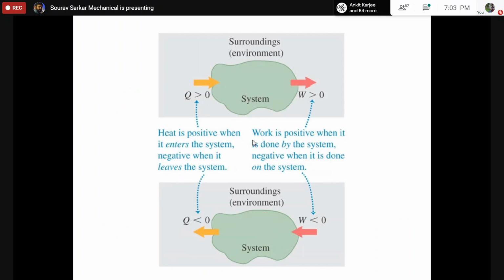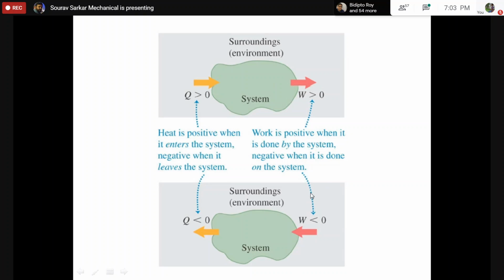What is the sign? The sign is very interesting. If I supply heat to the system, the heat transfer is positive. If the system rejects heat into the surrounding, the heat transfer is negative. Similarly, for work, if the system does work on the surrounding, it is positive work.